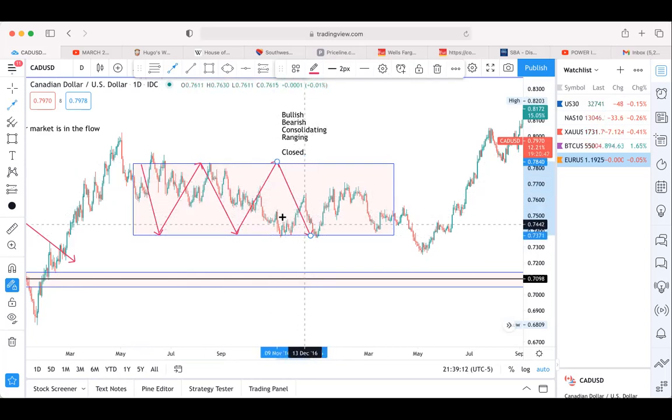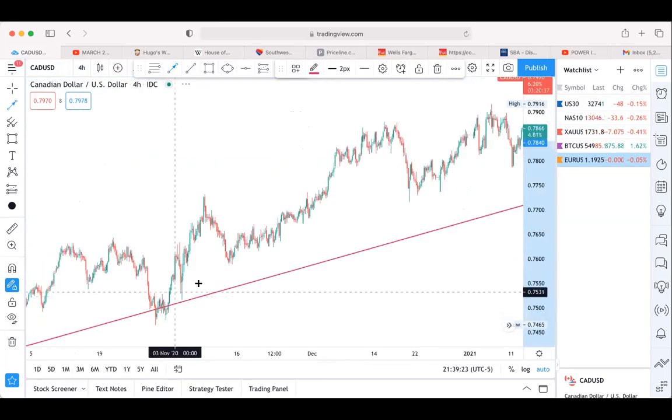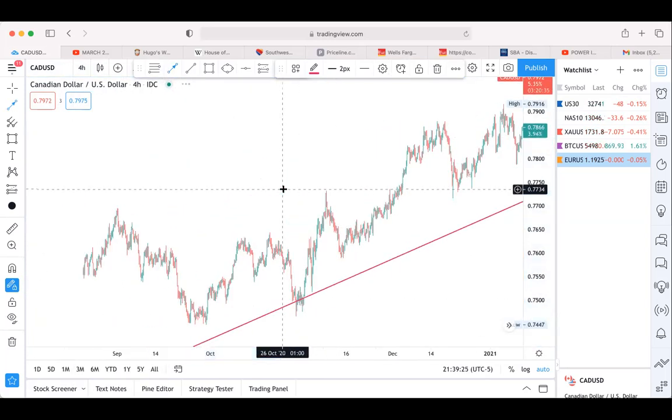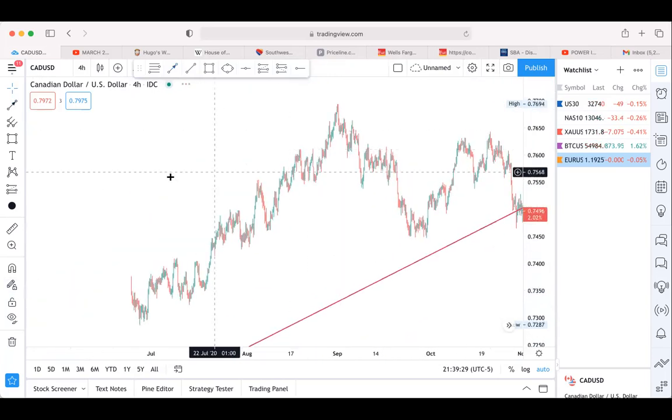So this market to me is consolidating, but we're on a very high time frame. We're on a daily time frame. That's very high. Now, if I go to my 4 hours, you will see this whole market now. Let me look for it.